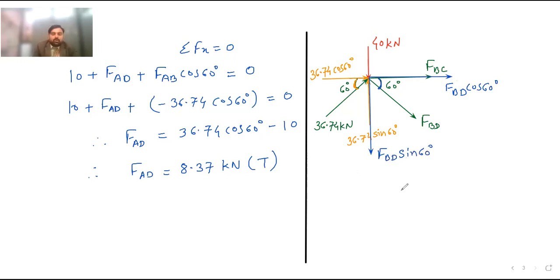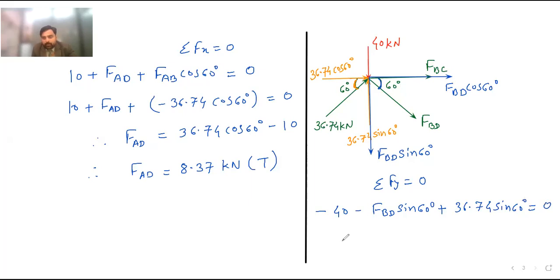So now apply summation Fy equal to 0. Summation Fy equal to 0 if you apply, the vertical forces: now this is minus 40, which is moving vertically down, minus FBD sin 60, we don't know the value, then plus 36.74 sin 60 is equal to 0.